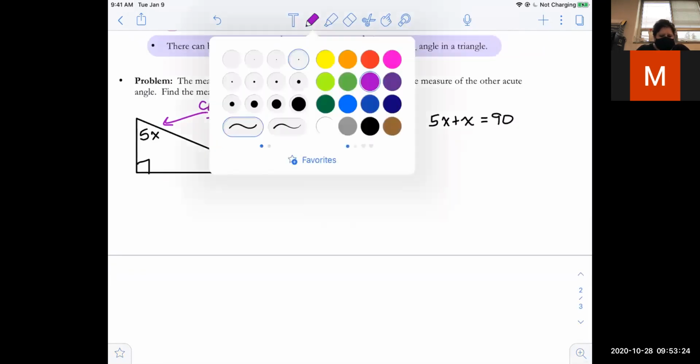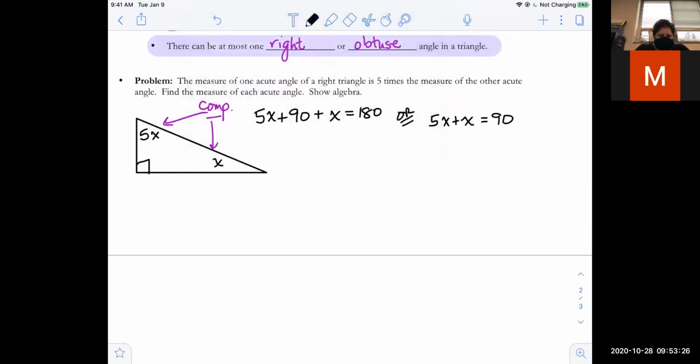So 6x equals 90. X would be 15. Now it said find the measure of each acute angle. One of the angles is 15 degrees. What's the other angle going to have to be? 75. They have to be complementary, so they have to add to 90.